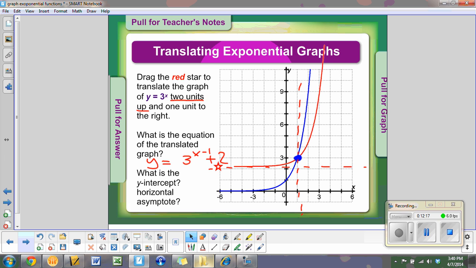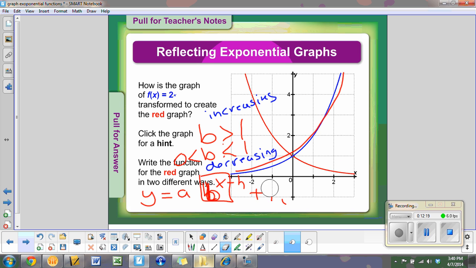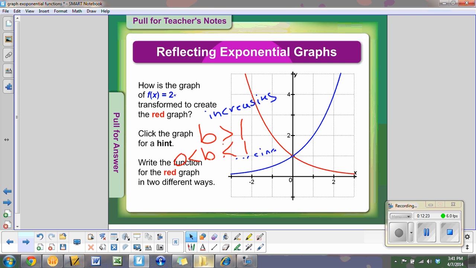So an example might be, if I had y equals 1/2 to the x plus 2. That would be a decreasing function because this number right here is less than 1 but greater than 0.